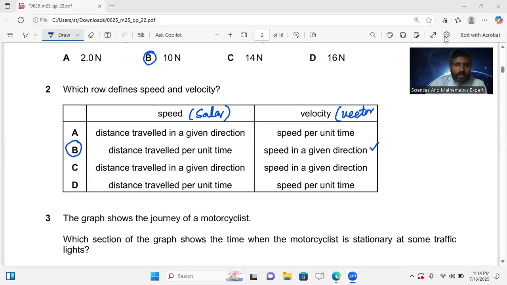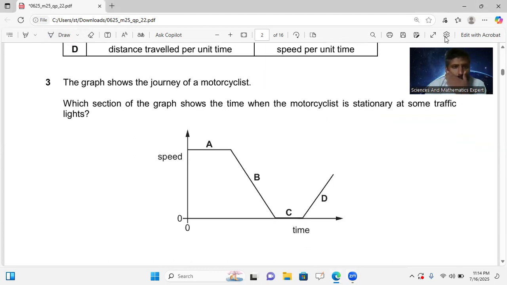Okay, so move to question number 3, where he is saying that the graph shows the journey of a motorcyclist. Which section of the graph is the time when the motorcycle is stationary at some traffic lights? Mostly we stop at the signals.